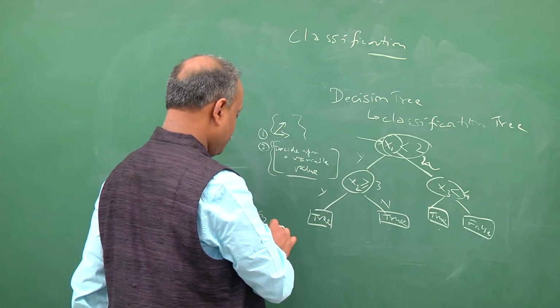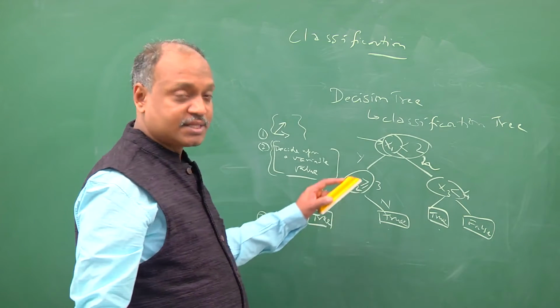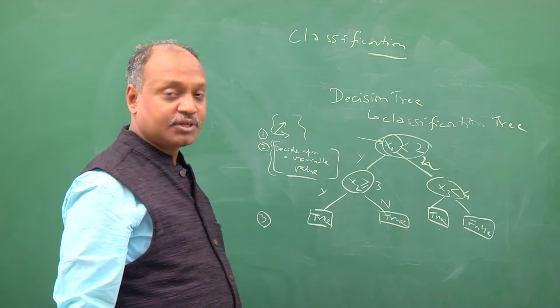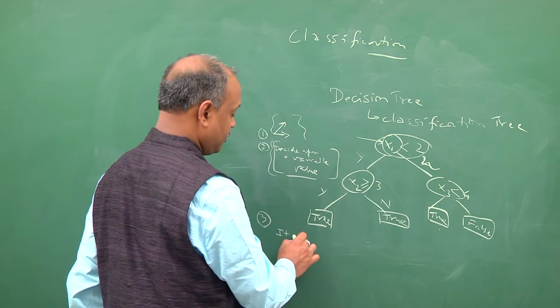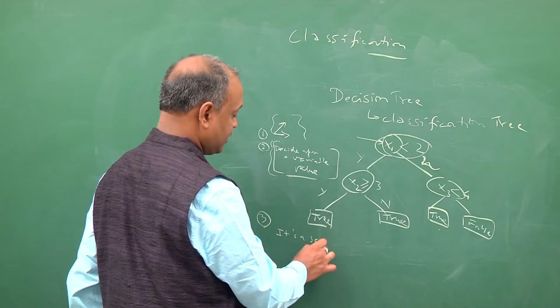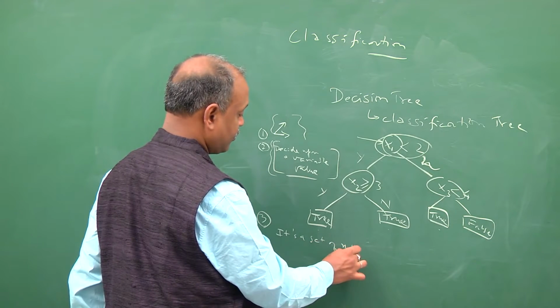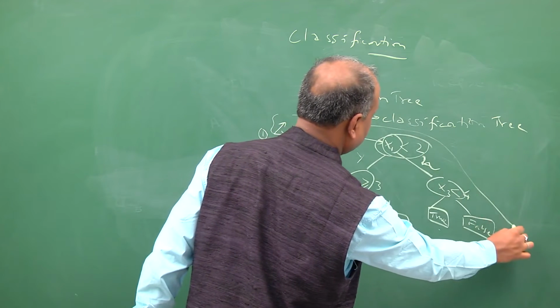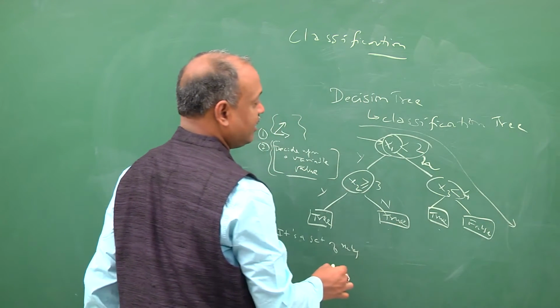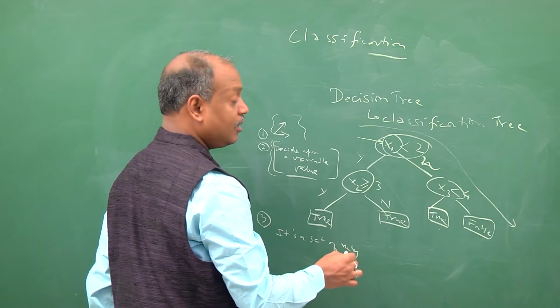And the beauty of this kind of knowledge representation is that it can also represent a collection of rules. For example, you go by the path from the root to the leaf node, and you will convert that into a rule.